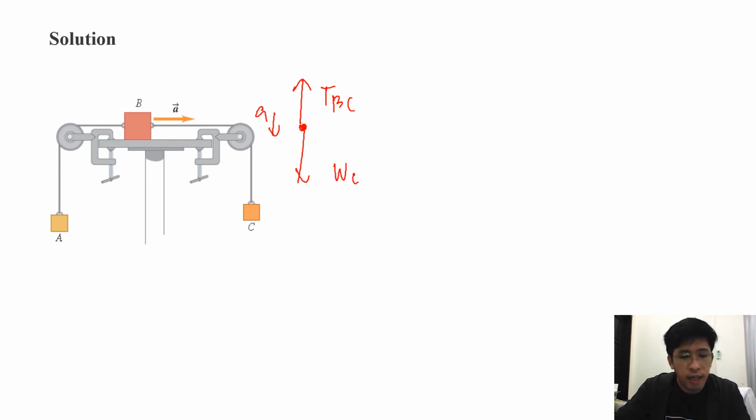So again, we have your equation of motion just along the Y. You have TBC minus weight C, and then this is equal to negative MCA. That is a negative again because your block C moves downwards. It has acceleration that is downwards.